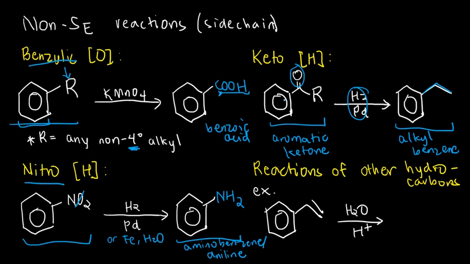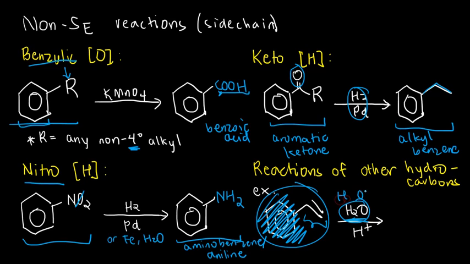Also, the moment that you have any double or triple bond here, we can treat this as if you are not really minding the benzene, and treat it as if it were a normal alkene or alkyne. So for example, I have this compound right here and I try to hydrate it. All we know is water will become H and OH. I'm going to put OH on the more stable carbon as per Markovnikov's rule. Notice I'm speaking fast because you should already be aware of those at this stage.